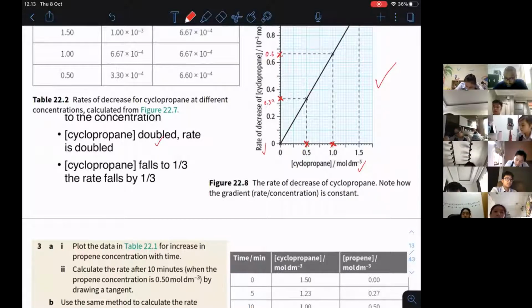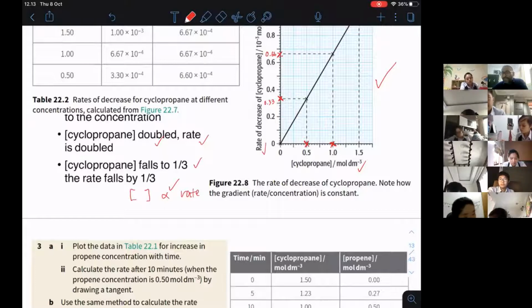Maybe just put 0.33, so it becomes 0.66. So you can see that when the concentration is doubled, the rate is doubled. If the concentration falls to 1/3, the rate also falls to 1/3. What does it mean? It means concentration is directly proportional to rate.